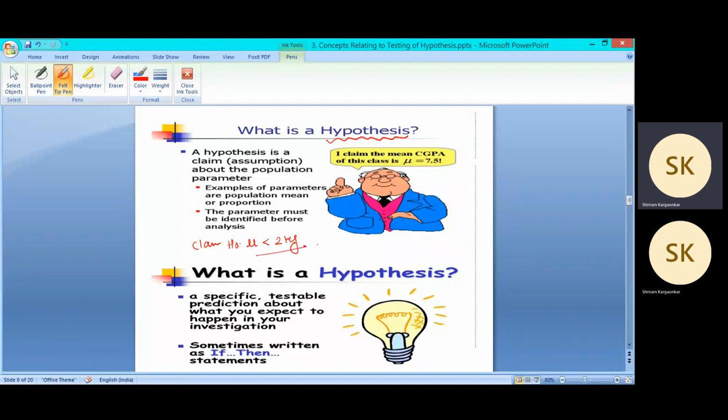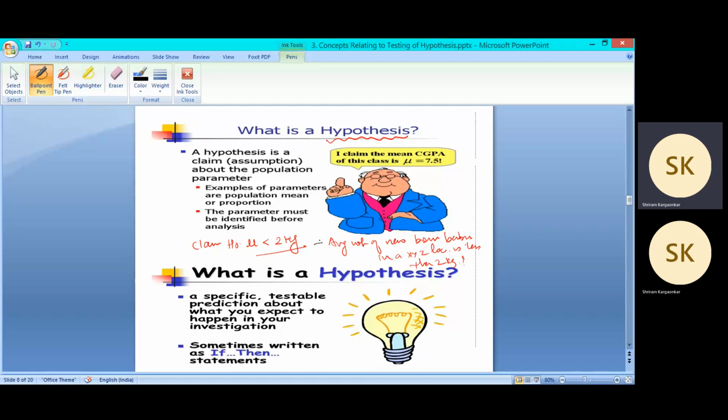Now, this statement that the average weight of newborn babies in location XYZ is less than 2 kg is a claim, right? So this needs to be tested.